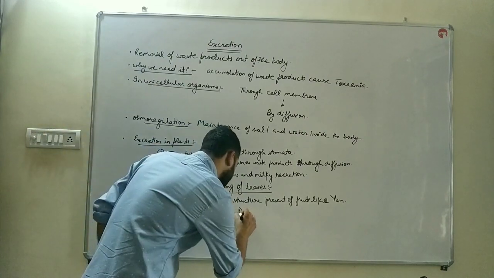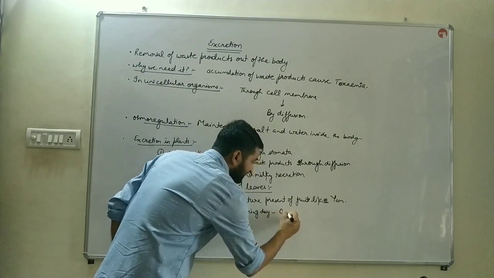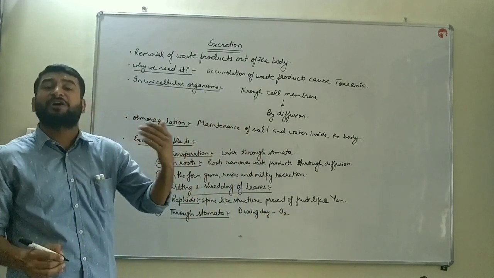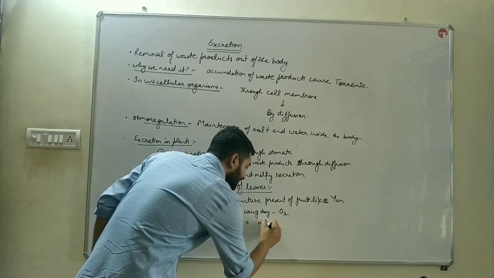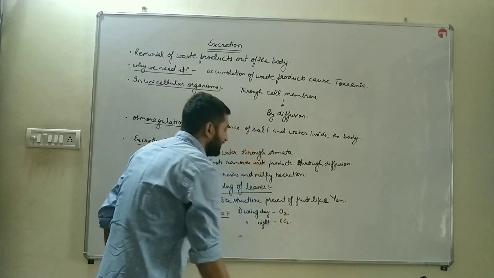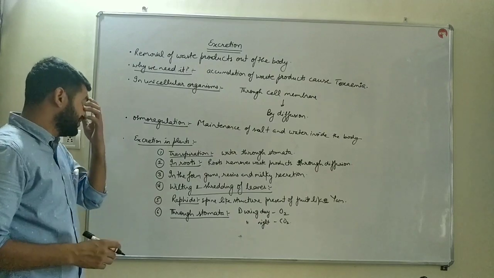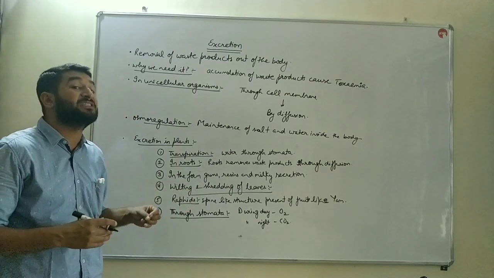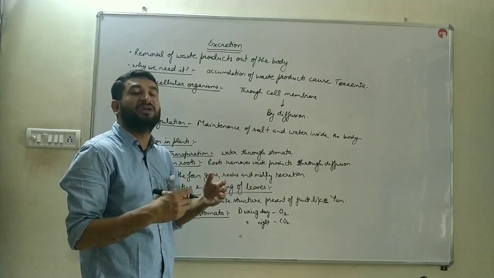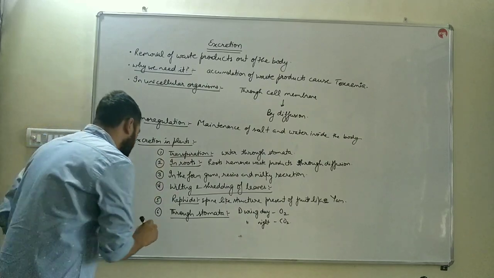During the day, plants release oxygen gas, which is the waste product of the plants during the day, and during the night, plants release carbon dioxide as their waste product. That's the method by which gaseous waste is removed. In stems, lenticels also play a very important role in the excretion of gases. In the roots, the diffusion occurs directly.